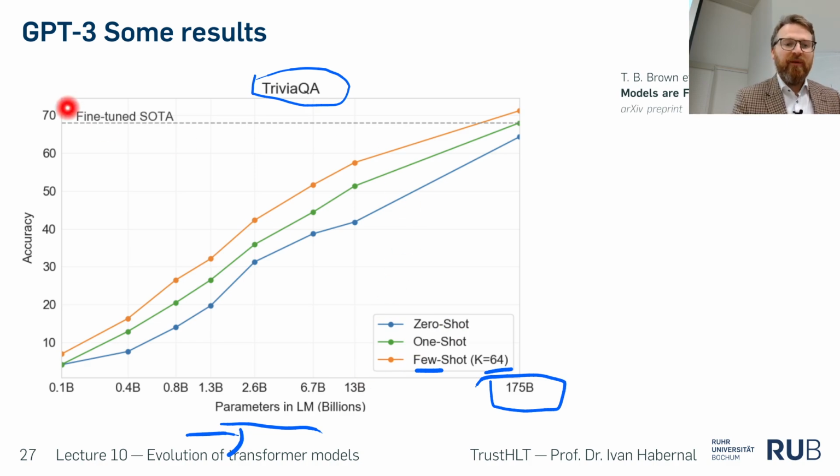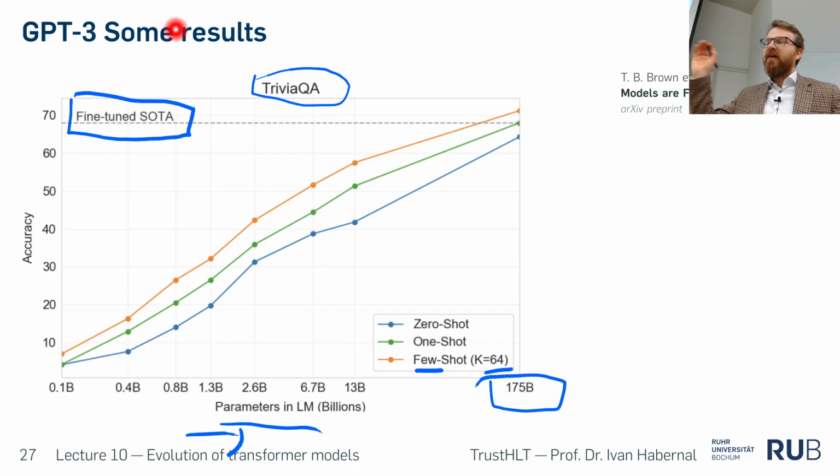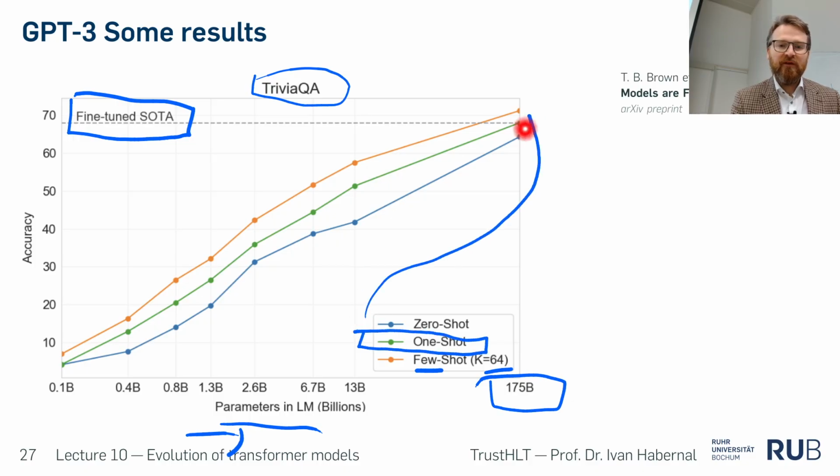Of course, they were comparing to just fine-tuned state-of-the-art models. I don't know what the state-of-the-art models were back then, but basically you take the training data and you fine-tune your model. What you see here is that just one-shot learning, with the biggest model, matches the performance of fine-tuning some models.